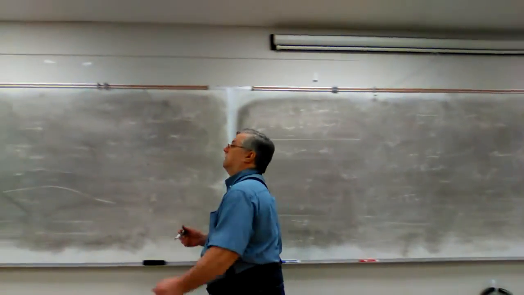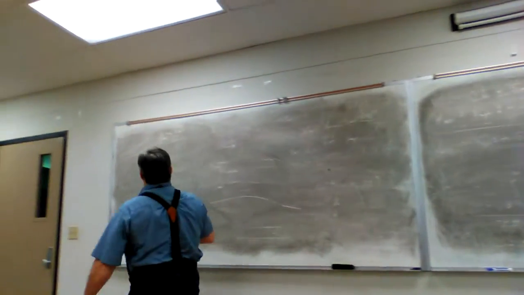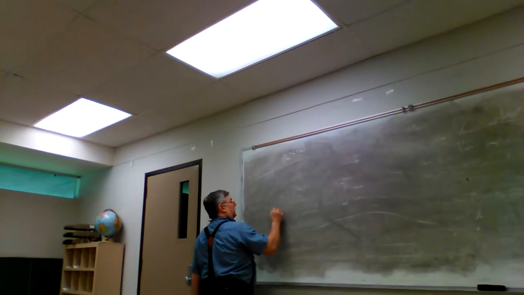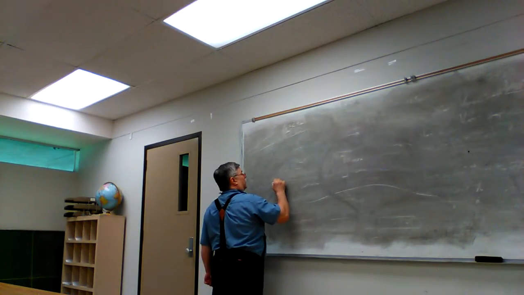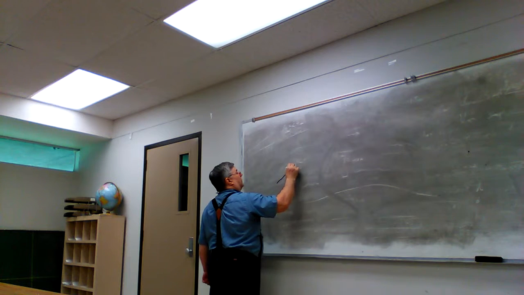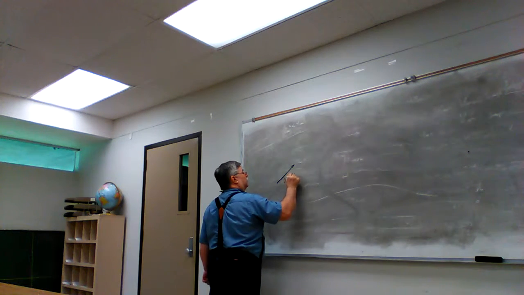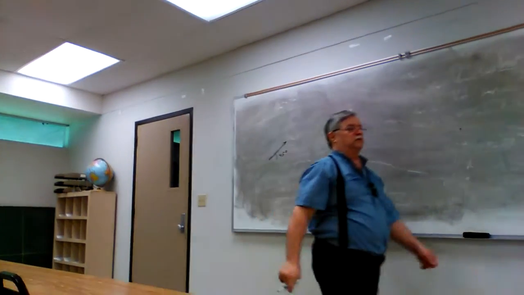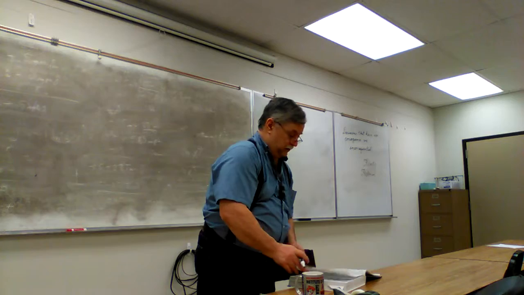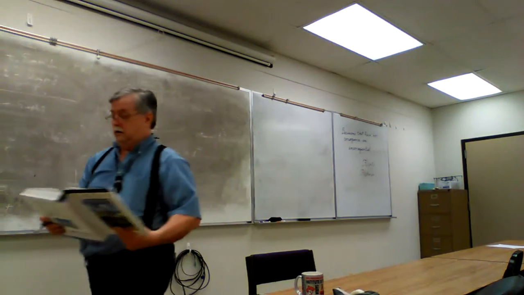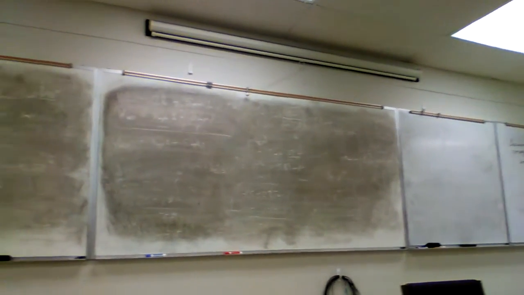Okay, let's draw this out. The velocity of the boat relative to the water is 45 degrees. What velocity did they say? First of all, am I reading the right one? Okay. 2.50 meters per second.